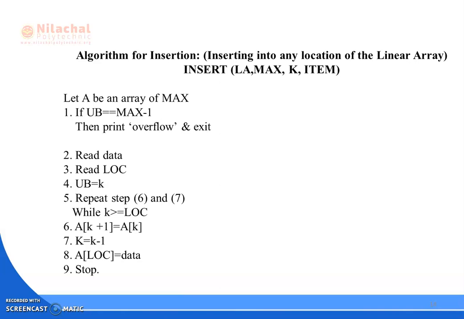A of 4 is the last index. Now first we have to check whether the upper bound is equal to max minus 1. So for example, there is one space in the linear array so that we can insert the data.